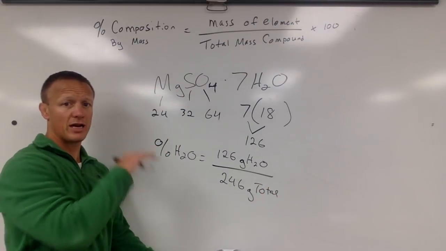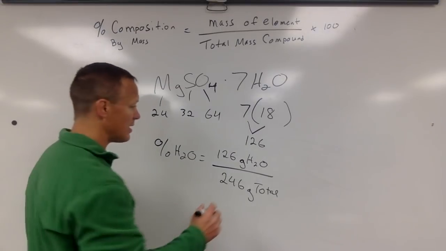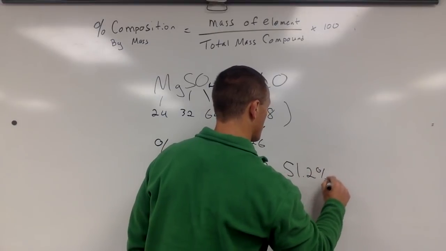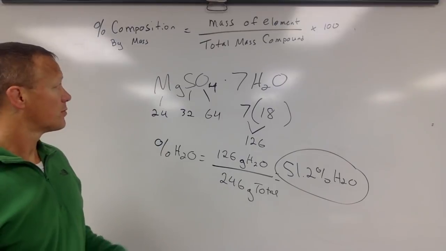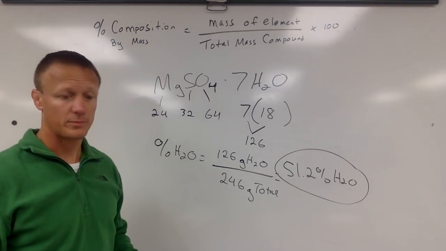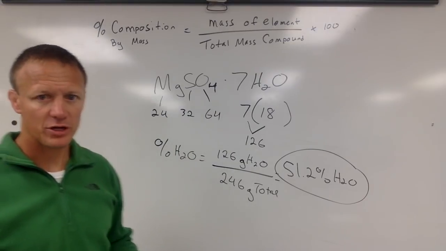Again, times 100. When you do that, you get 0.512, which would be 51.2%. So when I buy this compound, 51.2% of what I'm buying is water. You can do number 21 and 22 on page 3 of your notes.